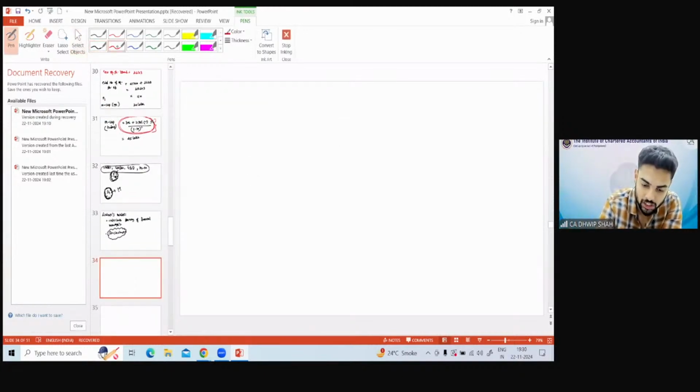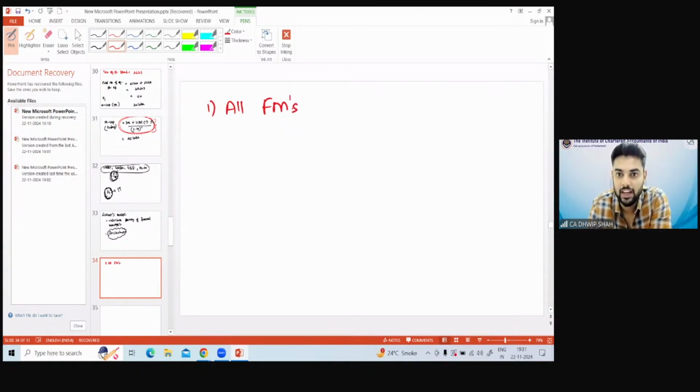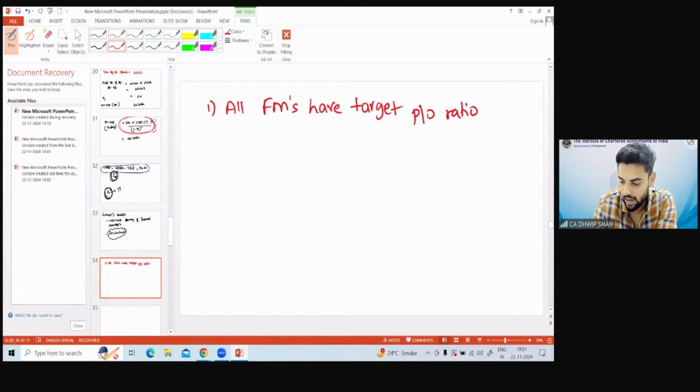That conclusion was, number one, all the financial managers, now I'm denoting the word financial managers in shorter form, FM, all the financial managers have their target payout ratio every year that they want to achieve.